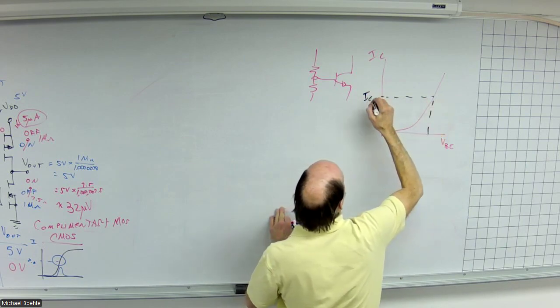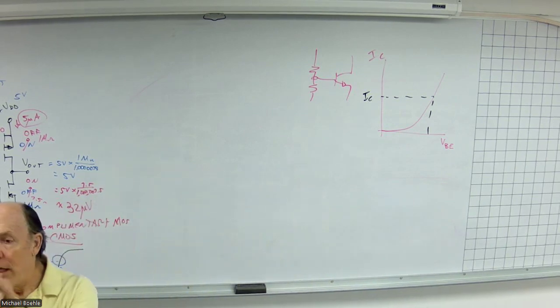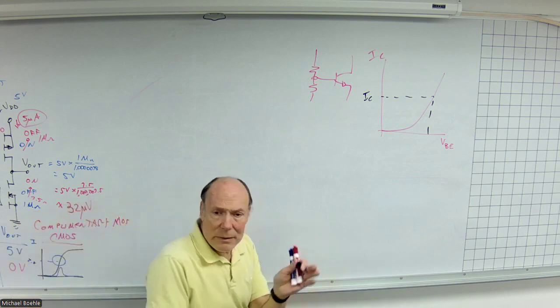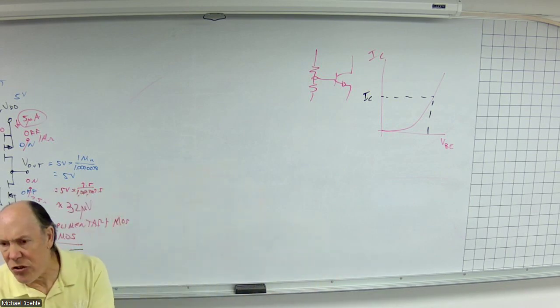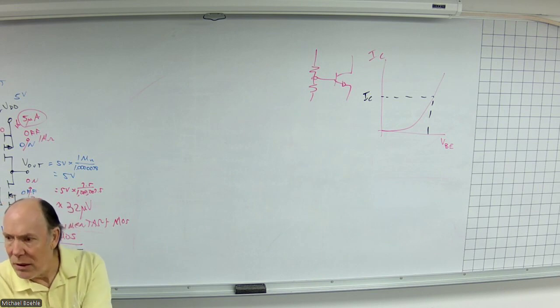We have some amount of collector current flowing, at a certain collector emitter voltage. Now, if we're operating it as a switch, that collector emitter voltage is fairly small.